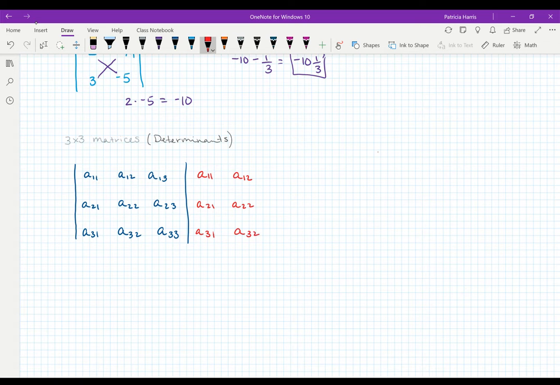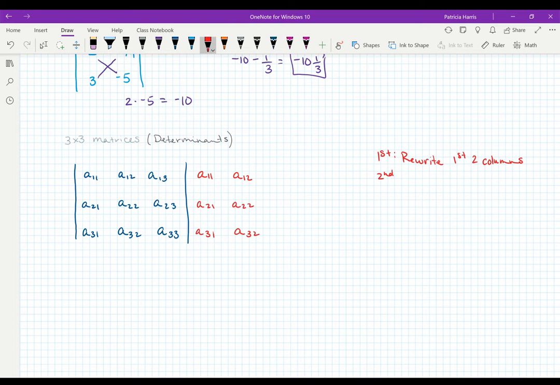Okay, so first step, rewrite the first 2 columns. Now what that does is it makes it a little easier to calculate the diagonals.